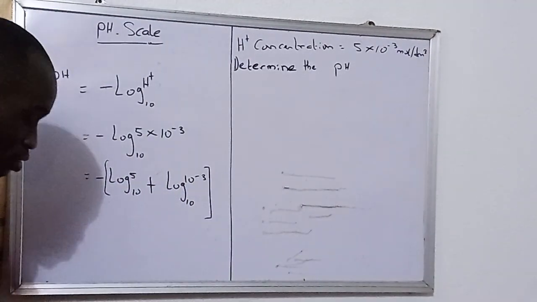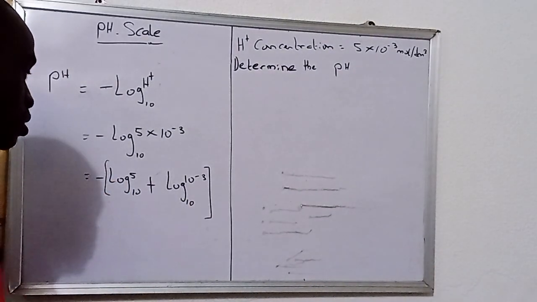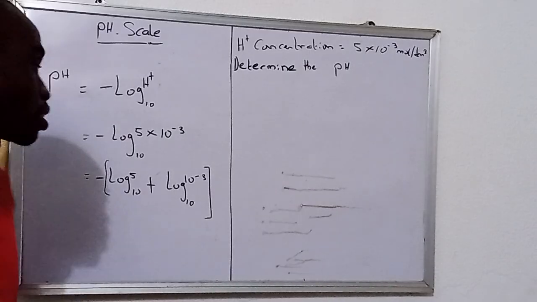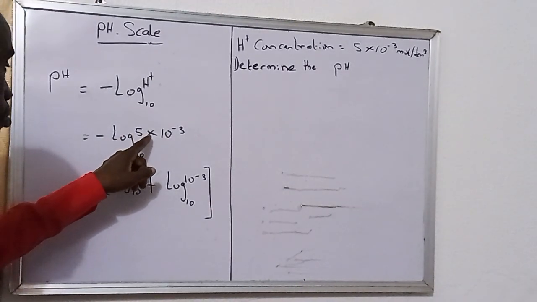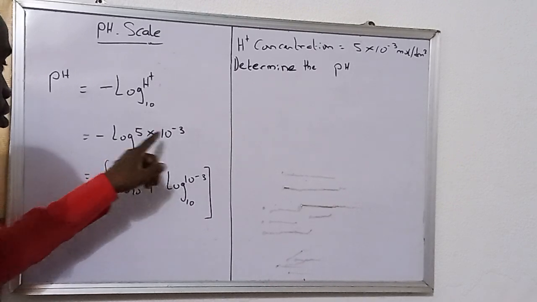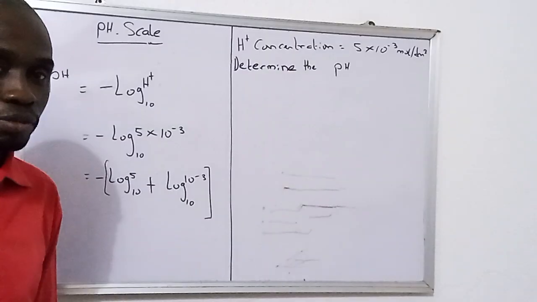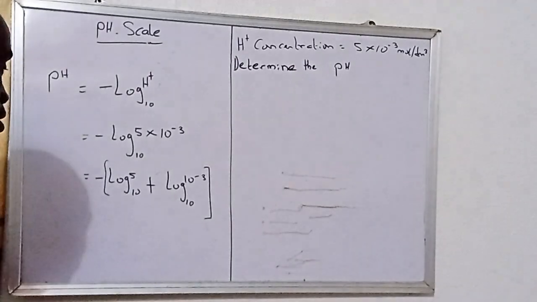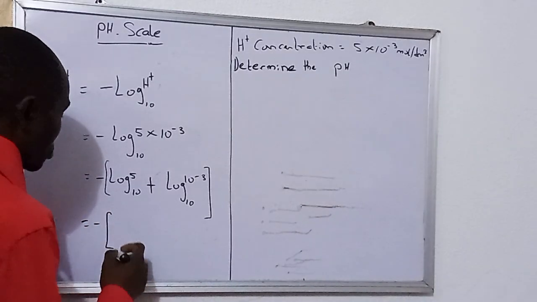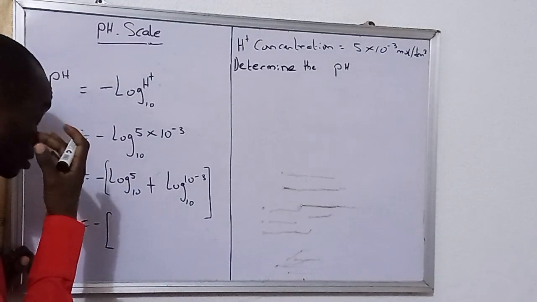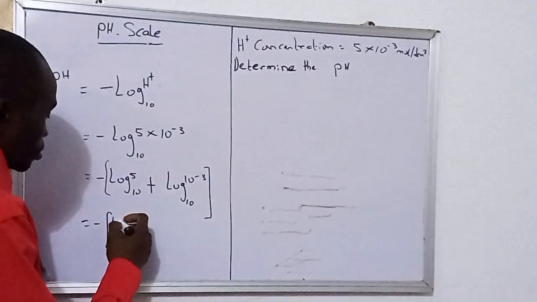The negative stays apart. So the logarithm walks through 5, the times changes to addition, then the logarithm still walks through 10 to the power minus 3. To make it secure, put the minus out and put your brackets. So we're going to have log 5.